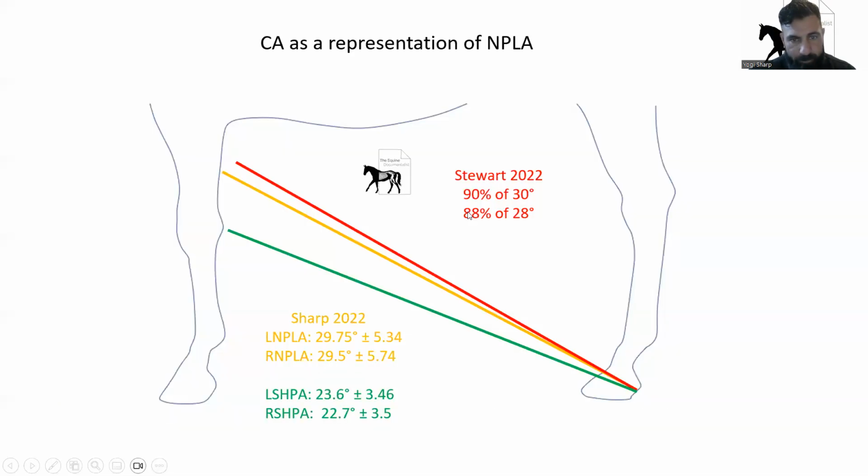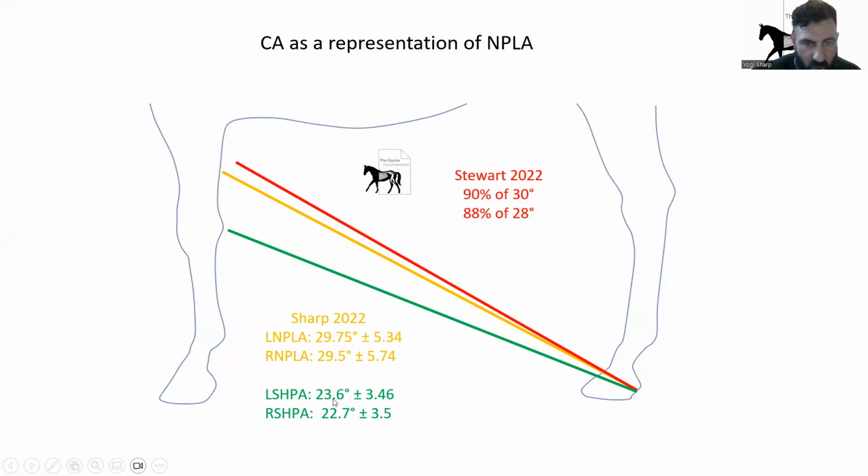In my personal study, I found that the horses with negative plantar angles that were given to me had, on average, a coronet angle of 29 degrees, nearly 30 degrees, plus or minus 5 degrees.